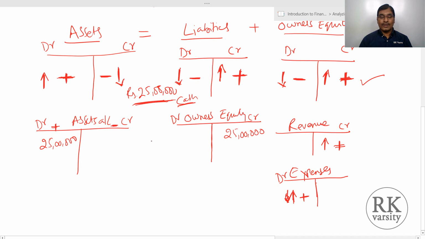Now if you look at these two, what will happen? Your assets equals liabilities plus owner's equity. So assets is 25 lakhs. There is no liability, plus this is 25 lakhs.